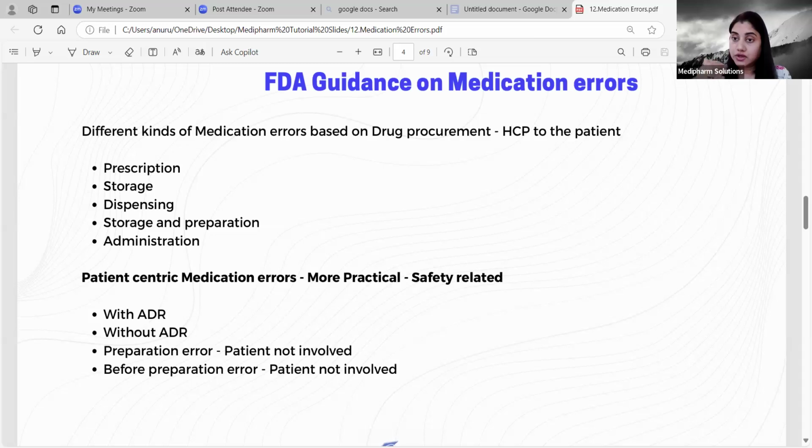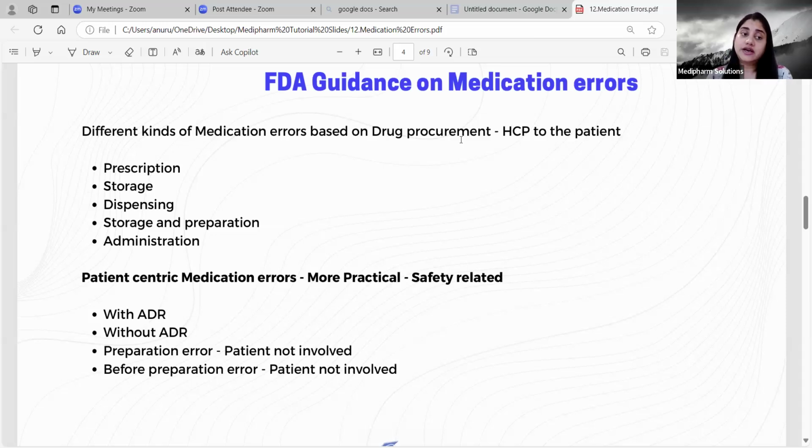But if it is taken during the daytime, it will cause drowsiness and it can lead to accidents or many other things, or somnolence or daytime sleepiness. So these are some of the examples I can give for the medication error because of the human error.